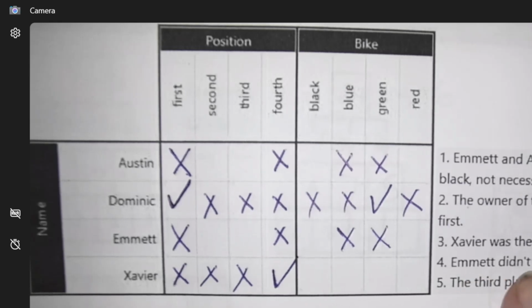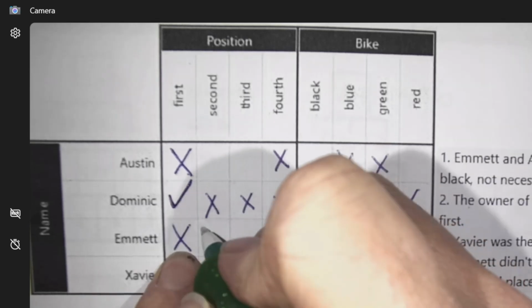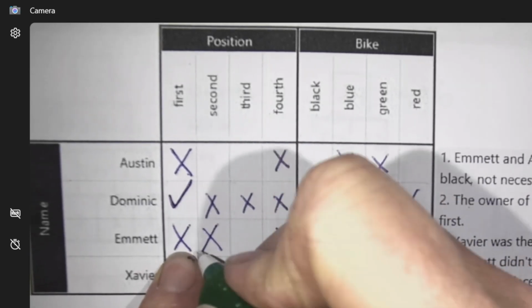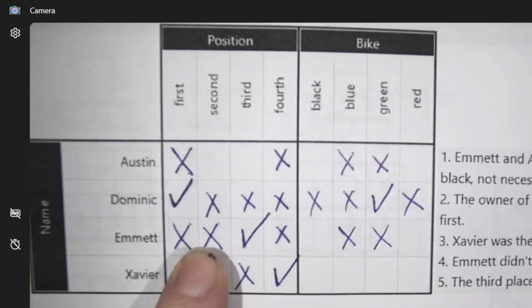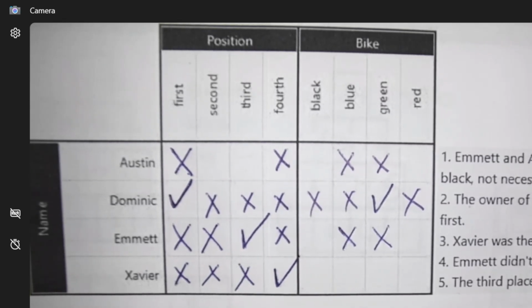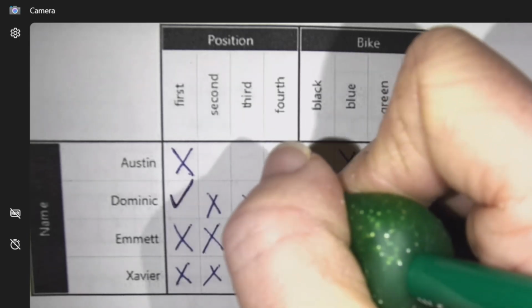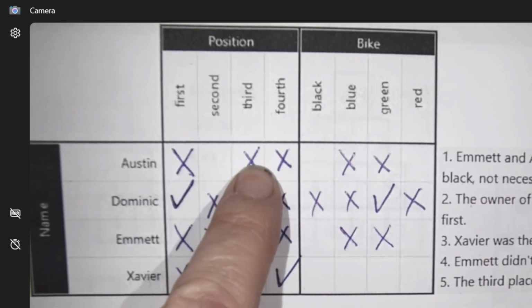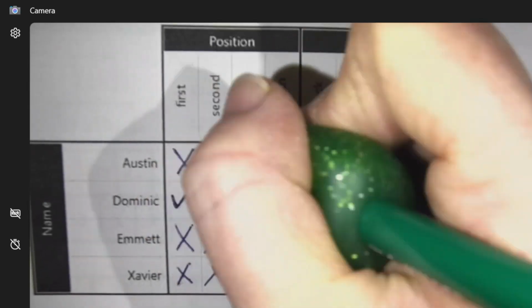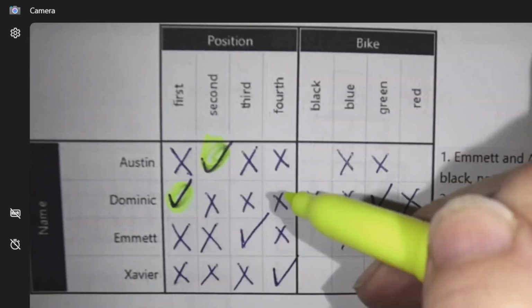Okay, next, Emmett didn't get second place. So go to Emmett, not second. What's that? So that means Emmett is third. Can you eliminate third place from Austin then? So Austin got second, Dominic got first.